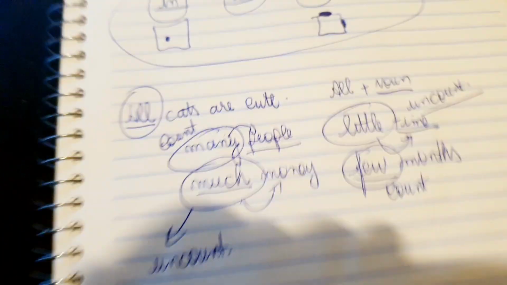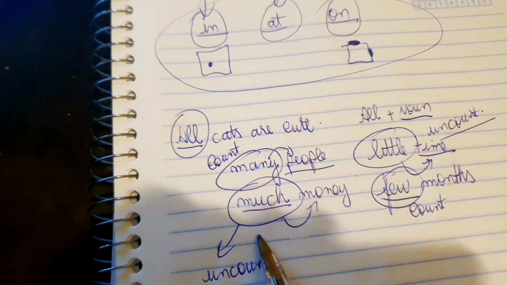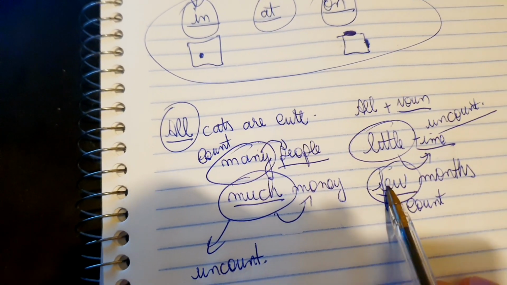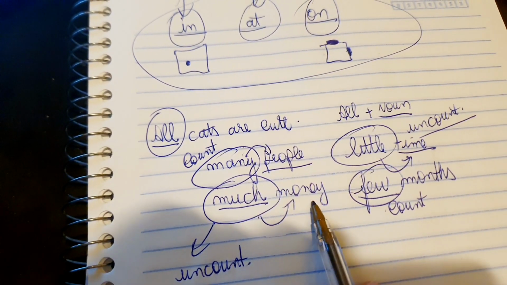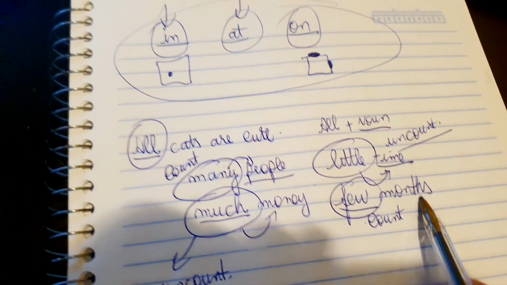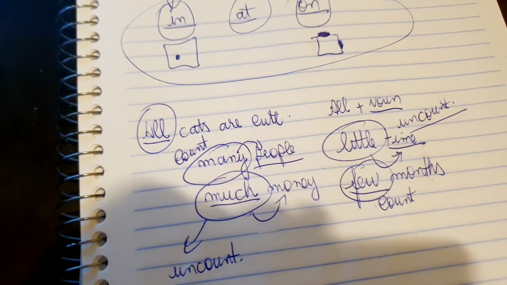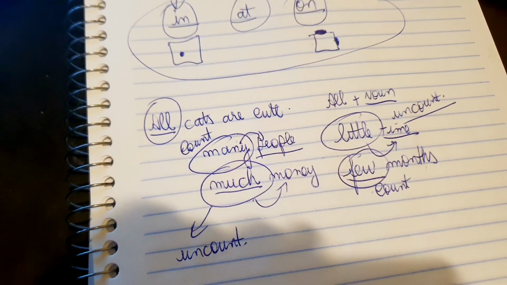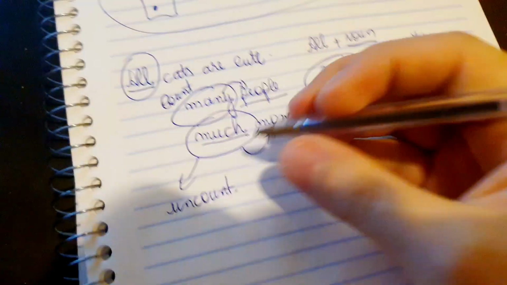Because I want to emphasize that these words follow a noun, okay? People is a noun, money is a noun, time, months, and cats also is a noun.